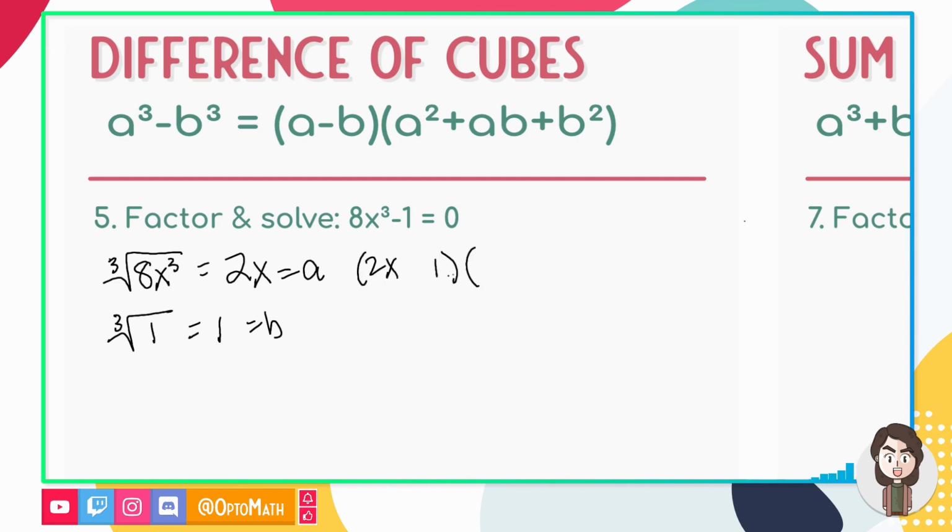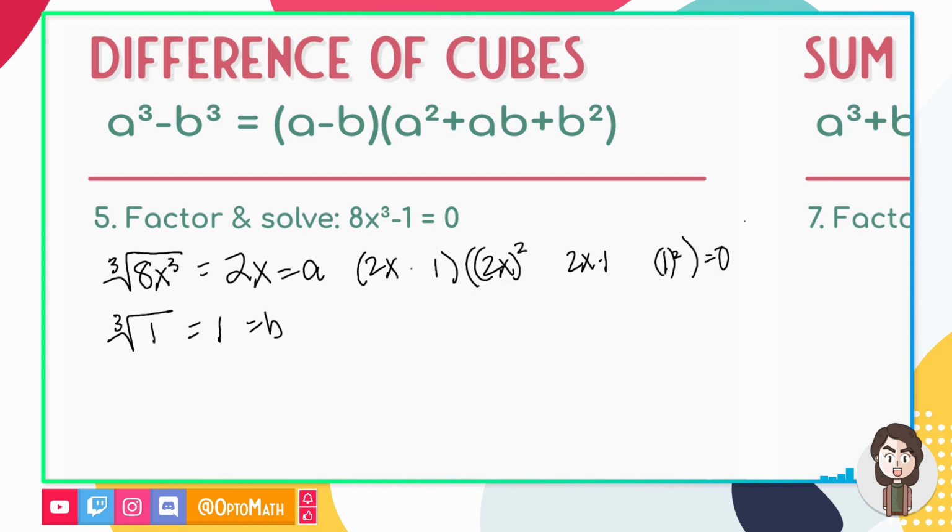So that's just the a and b. Then we have a squared. So 2x, the whole thing squared. Then we have a times b, so 2x times 1, and then we finish with b squared, which is 1 squared. And I'll put that in parentheses as well, even though it doesn't really change much for us, but it's just a good reminder.